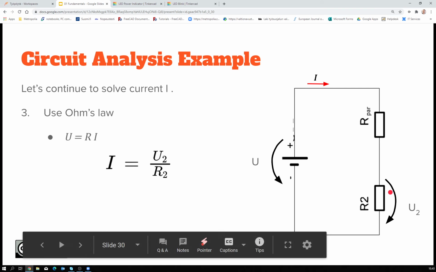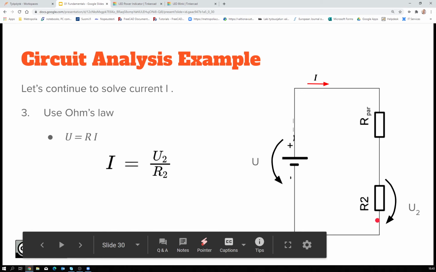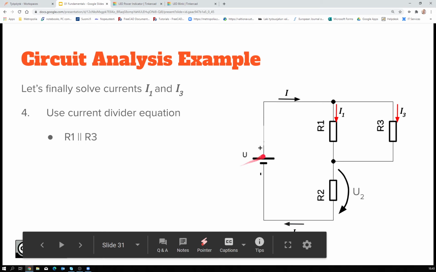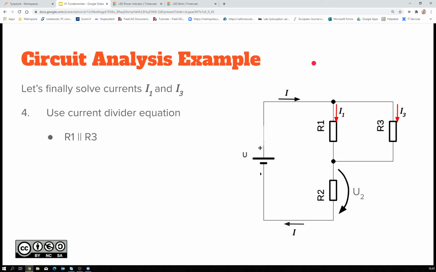We can use that one to calculate what is the current flowing through this component. We don't need to also take into account that one. We can simply take it from that resistor. And then use the current divider equation if we want to calculate this I1 and I3. Current divider R1, R3.